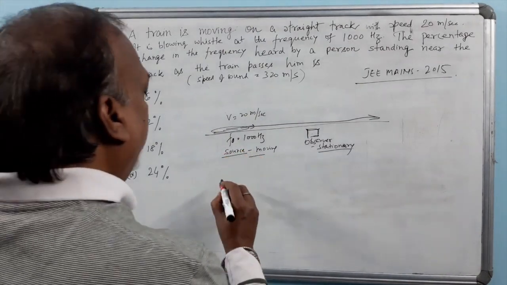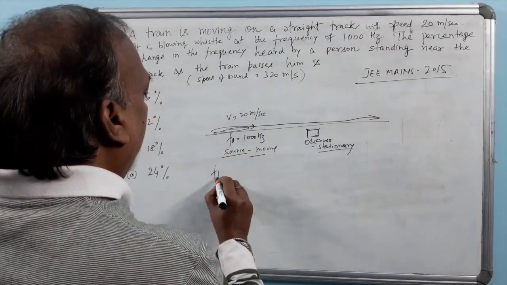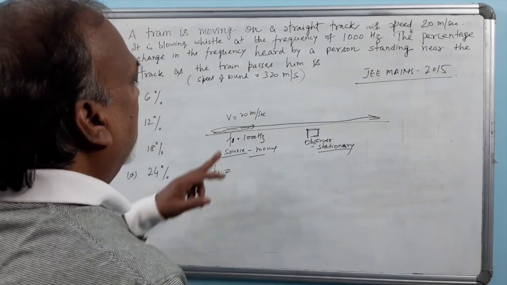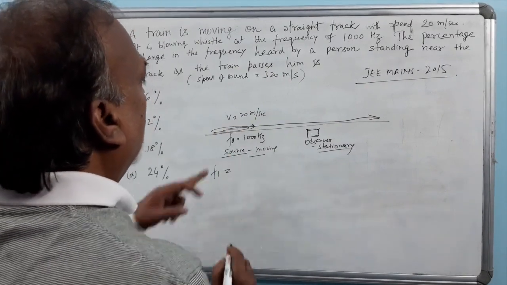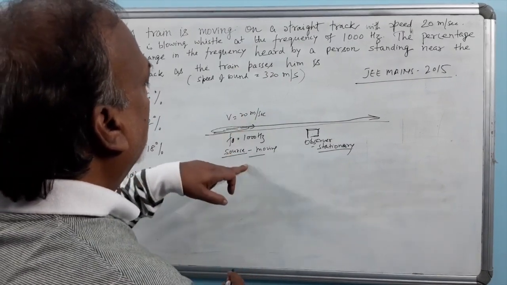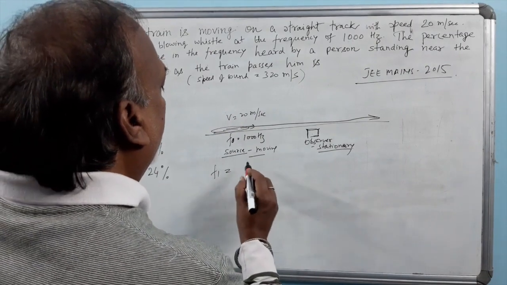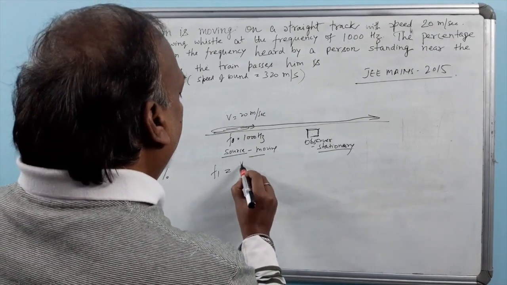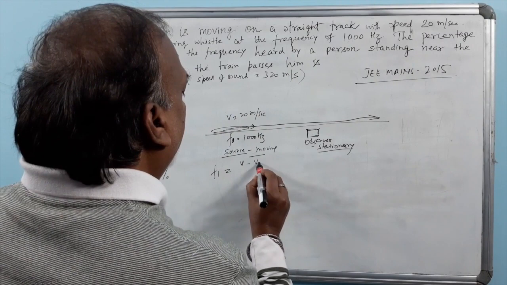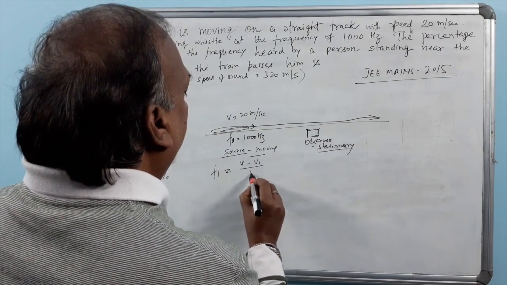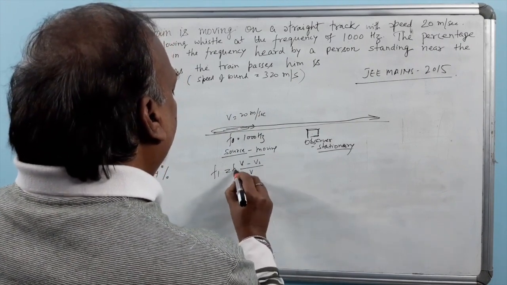So what will be that frequency? That is f1, it will be v upon (v − vs) into f0.